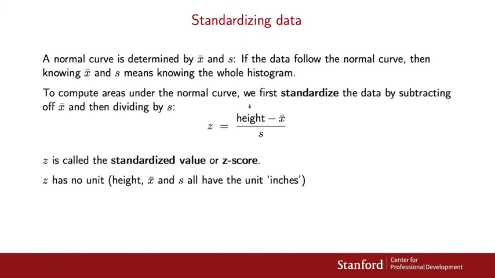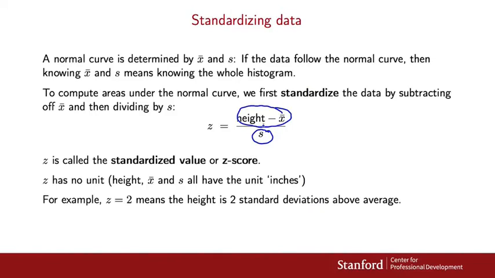In this example where we looked at heights, heights come in inches, and the mean and the standard deviation all come in inches. But the z-scores have no units whatsoever. And that's simply because we have inches in the numerator and we have inches in the denominator, and so the inches cancel out. Z tells you how many standard deviations the measurement is above or below average.